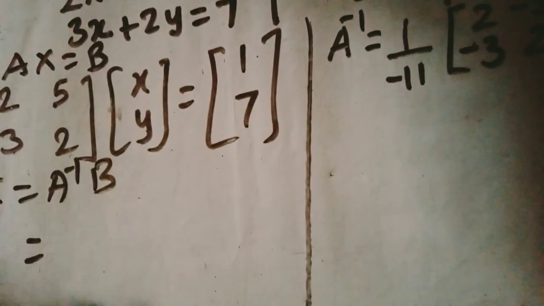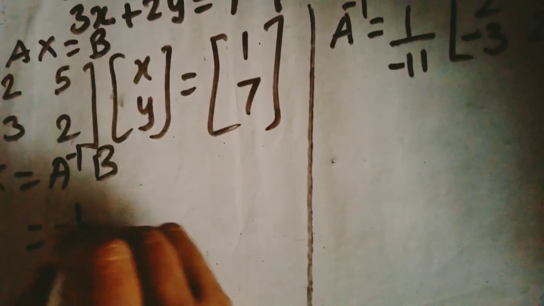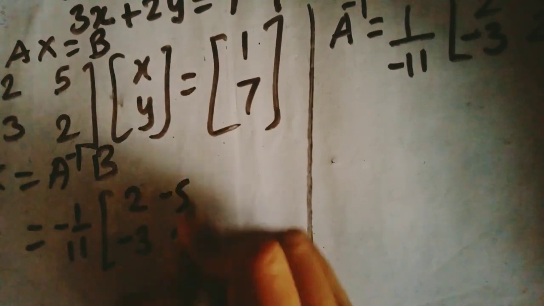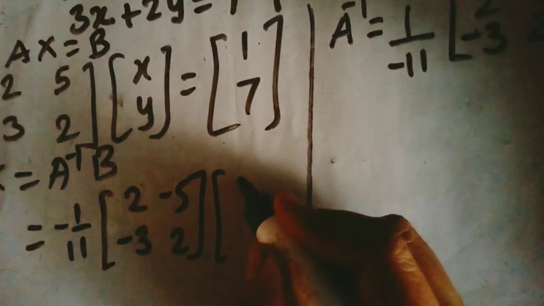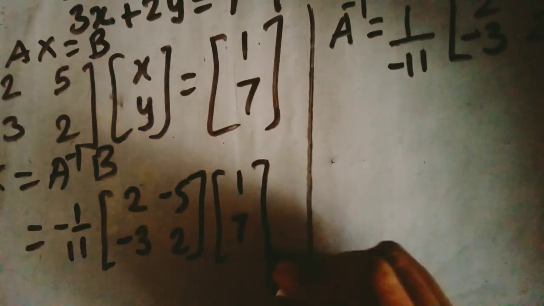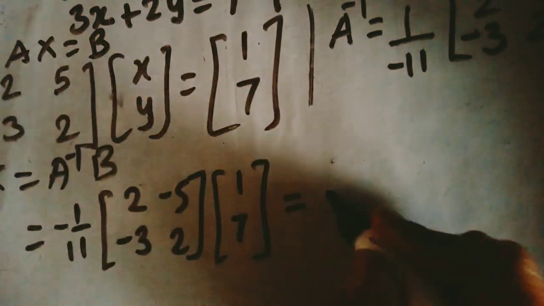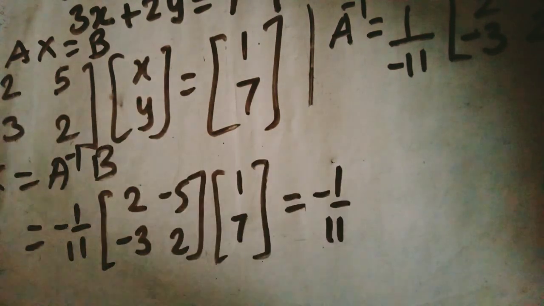So minus 1 upon 11 you can keep outside.